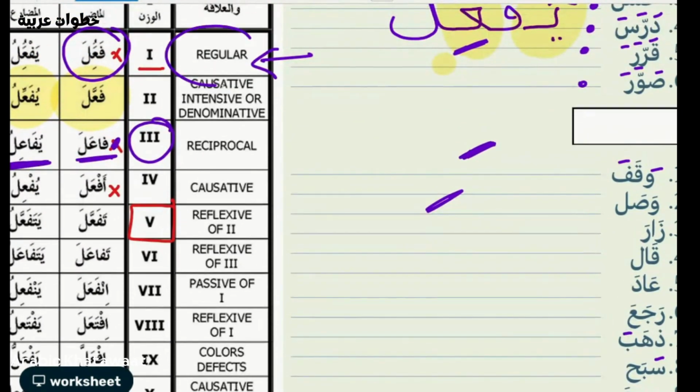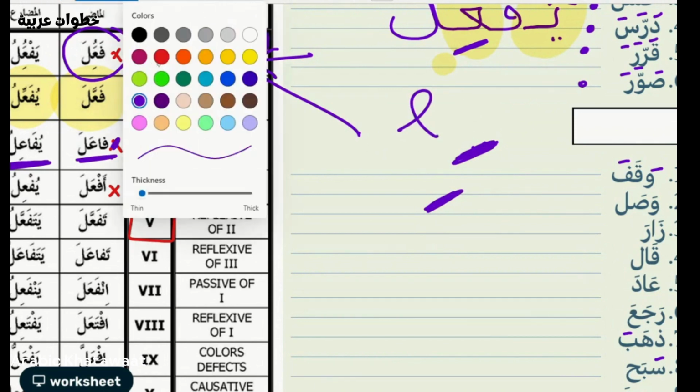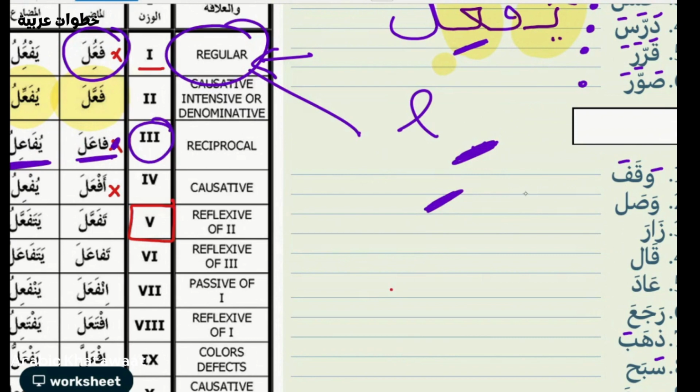There you see it, regular form, could take fatha. The middle, I'm talking about the ayn, could take fatha, it could take kasra, it could take dhamma. And of course, if you have long vowel over here, that is an irregular verb.